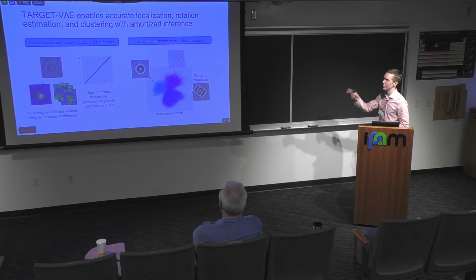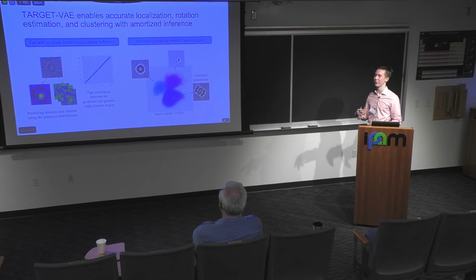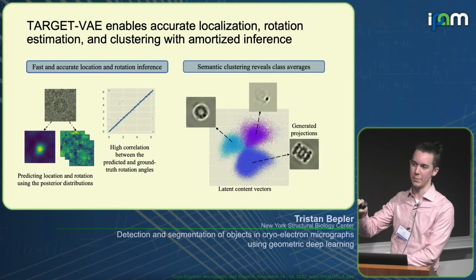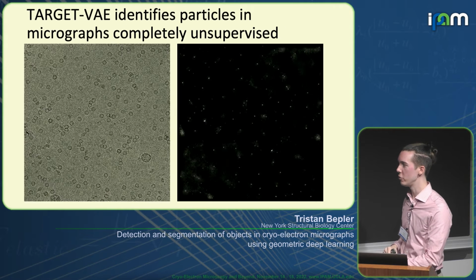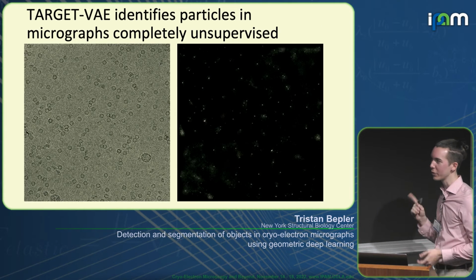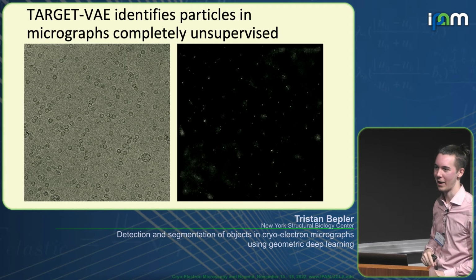But this clustering implies something interesting, which is you might ask, what happens if you have patches of images that don't contain an object? We've made a very strong assumption in this model, which is that every image contains exactly one object. You might think this is too strong. Sure, you can train it on a particle stack, but actually it works surprisingly well if you train it on random patches of a micrograph.